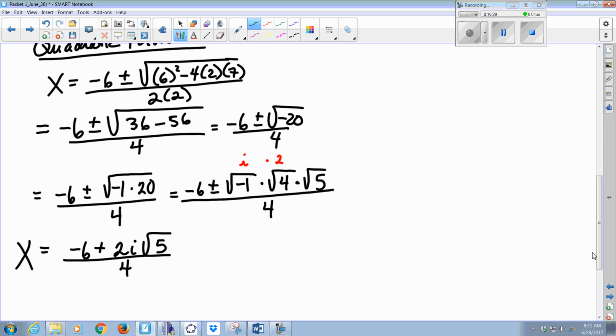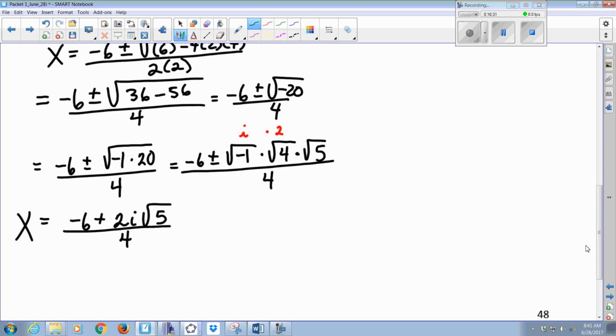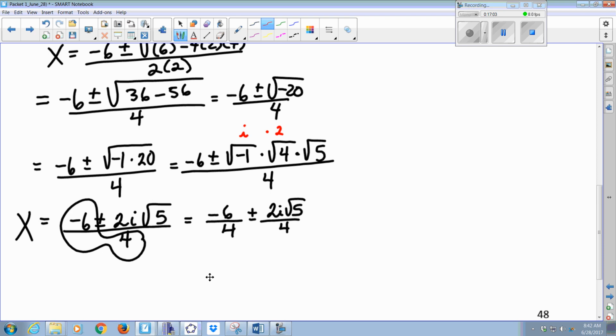So this represents the two solutions for x, and we can simplify it a little bit further because, as we see, we have a 2 as a common factor. 2 divides into 6, 2 divides into 2, and 2 divides into 4. So I often encourage students to separate out the two terms in the numerator and put it over the common denominator. 4 is the common denominator for each of the terms on top.